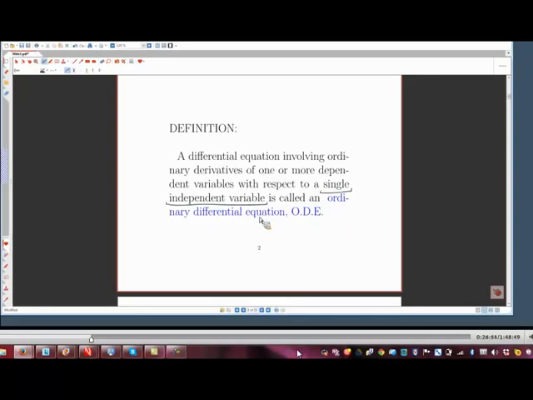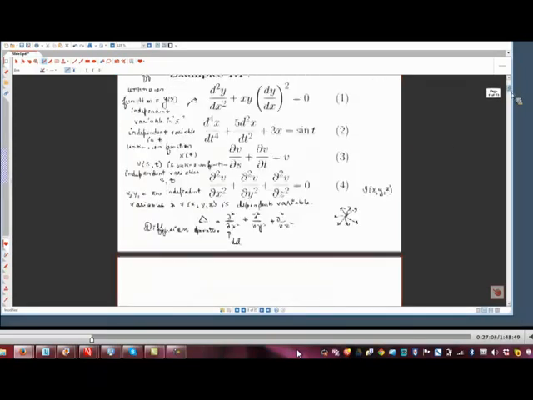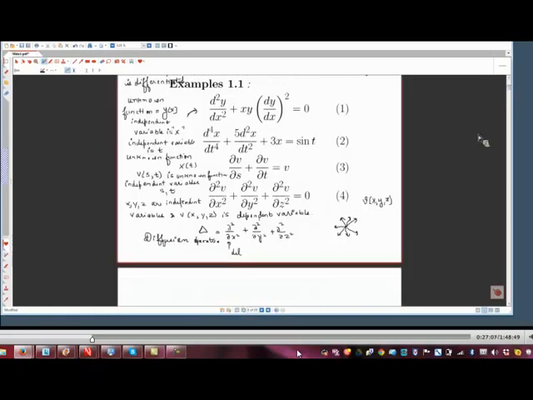So in the previous example which we did above, what are the ODEs? Single independent variable. Let me go up. Which has a single independent variable? 1 and 2. So these are ODEs.